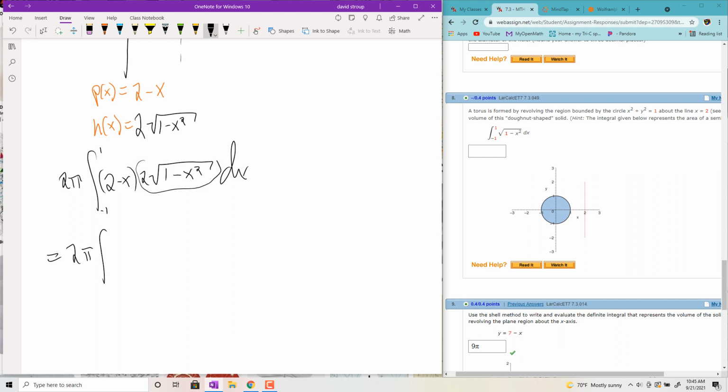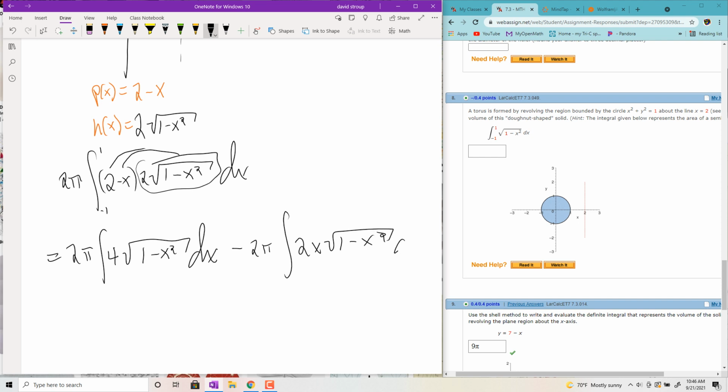Just first distribute this whole thing in and create 2 new integrals. So you get 4 square root of 1 minus x squared dx minus 2 pi times the integral of 2x square root of 1 minus x squared dx.